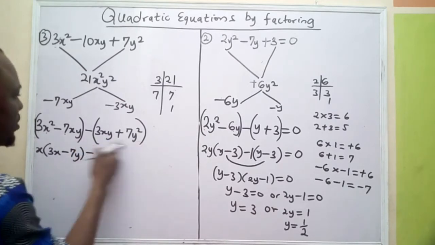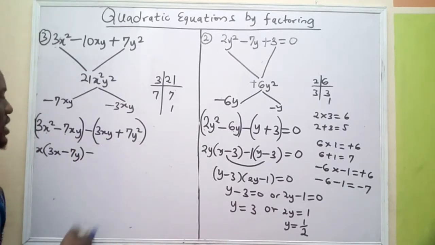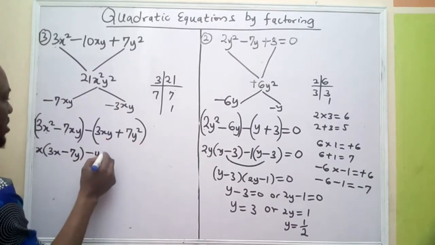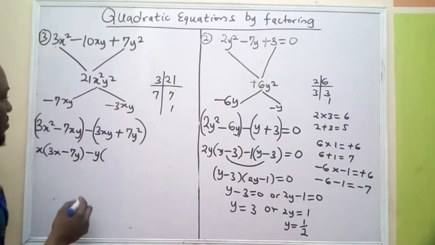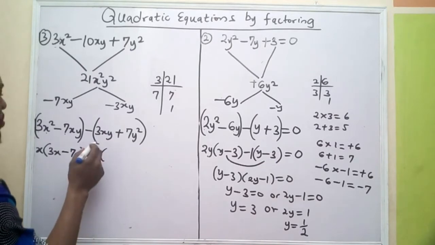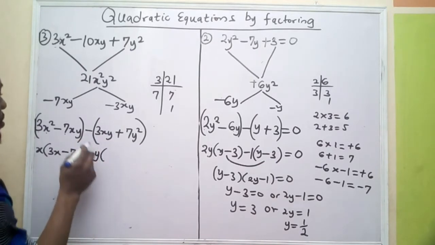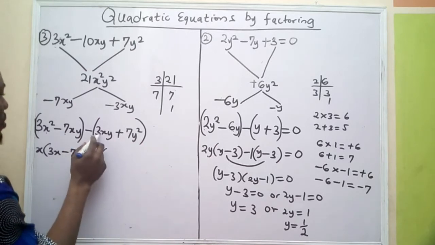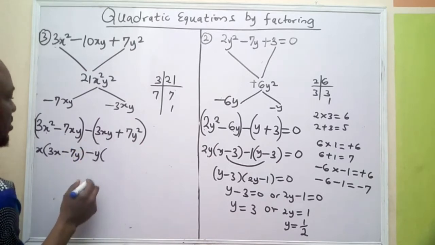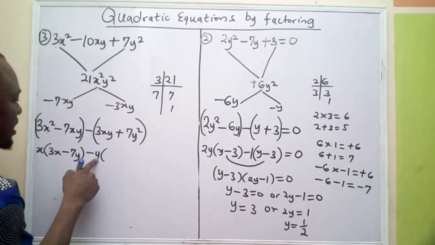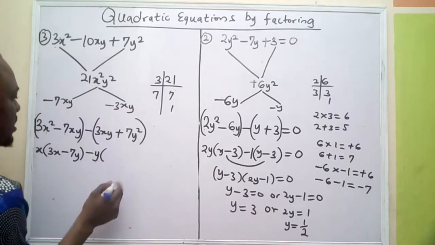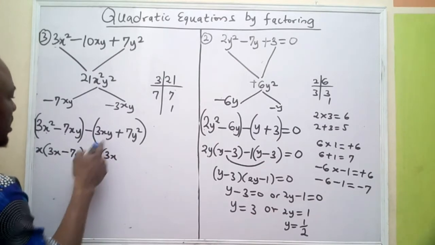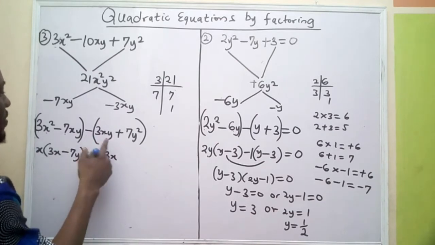Minus, what is common here? I'm going to take y, y is common. So if I do minus 3xy divided by y, that will give me 3x.